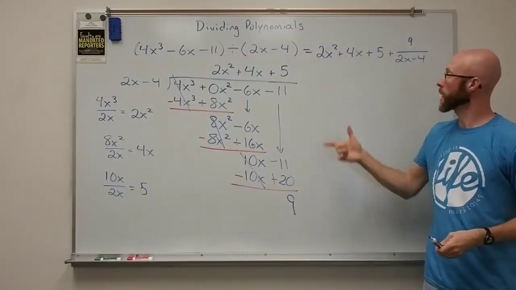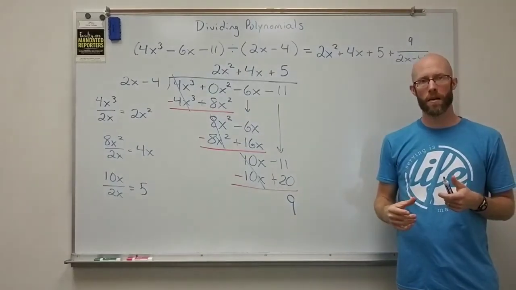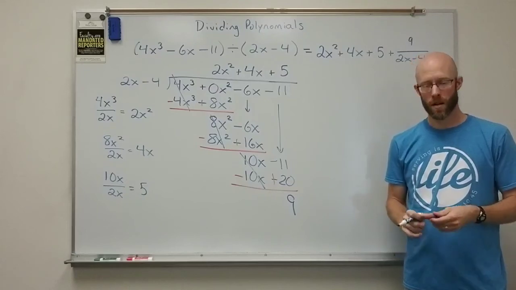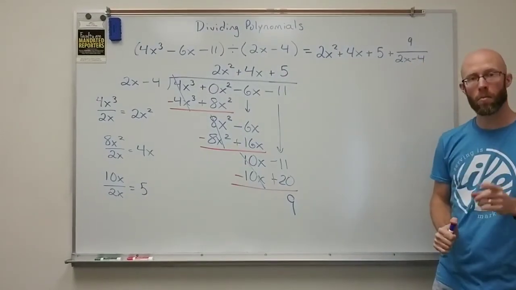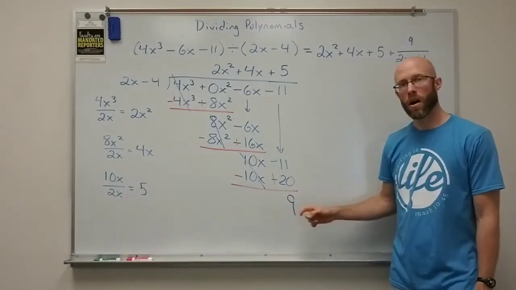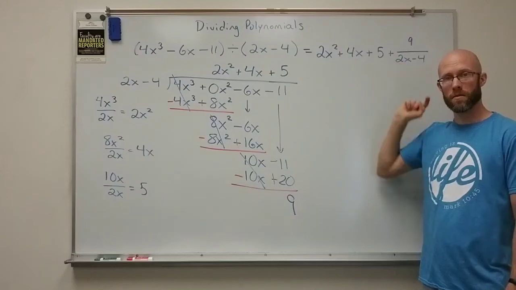So again, we're adding a polynomial and a rational expression together, just like we would add a whole number and a fraction to get a mixed number. One thing I want to point out, if this remainder were a negative number, I would have to put a minus here on my fraction.